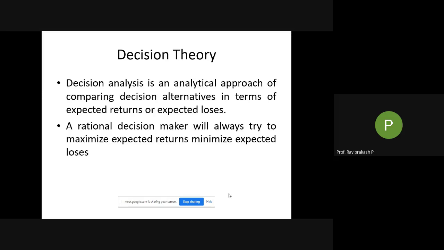That means we are stopping the loss, we don't want more losses. This is how we minimize the expected losses. And at times we say, wait for some time, let the profits go high. This is how we try to maximize the expected returns. So this is the decision theory for you.